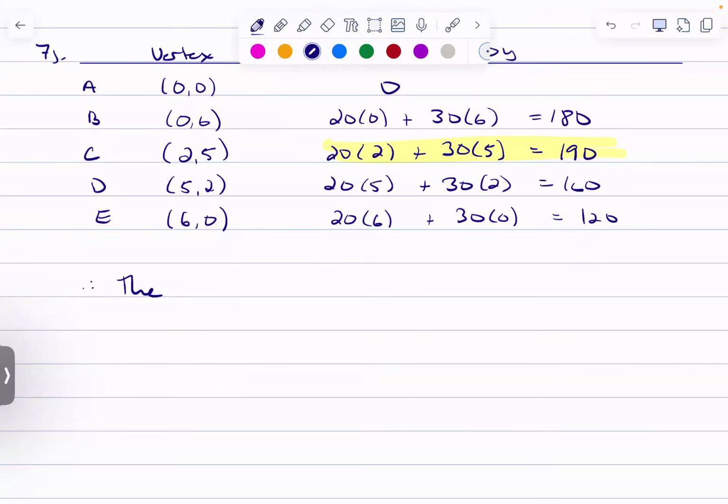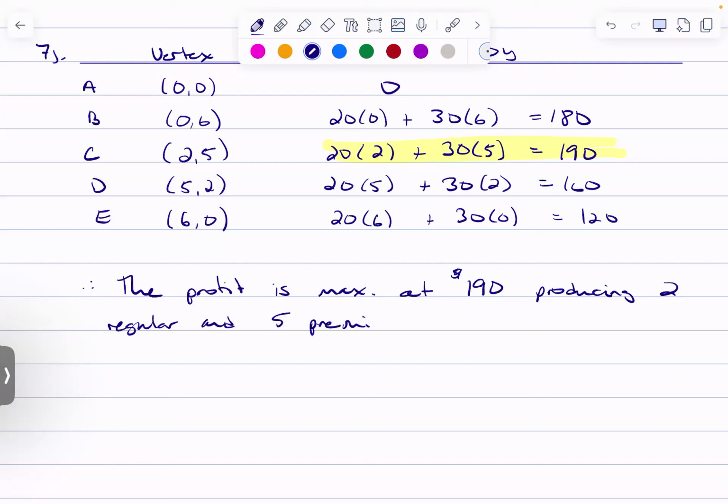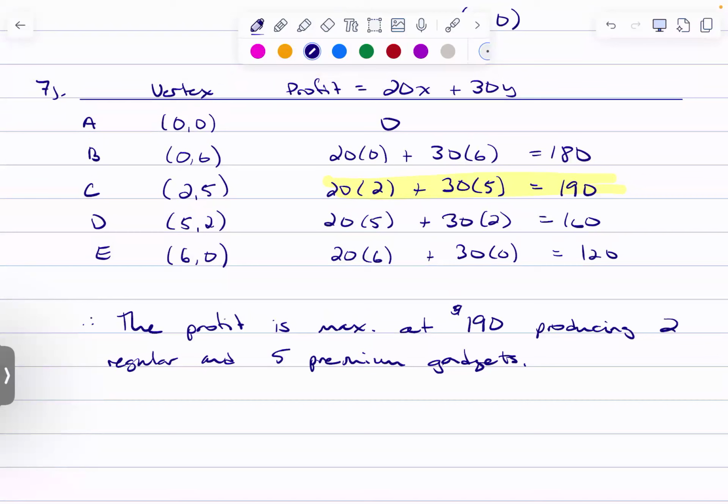Therefore, the profit is maximized at $190, let's assume, producing 2 regular and 5 premium gadgets. Step away from the plate. You did it. We did it. Good job.